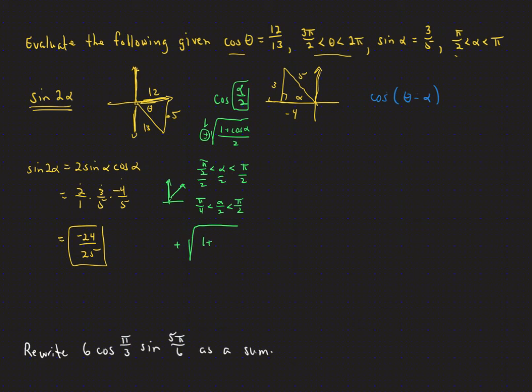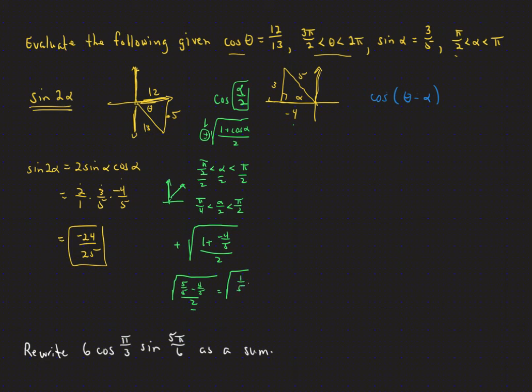Now we get 1 plus cosine of alpha, and we said that cosine of alpha is a negative 4/5. So that's going to be a positive square root of 5/5 minus 4/5 all over 2. So 5/5 minus 4/5 is 1/5.